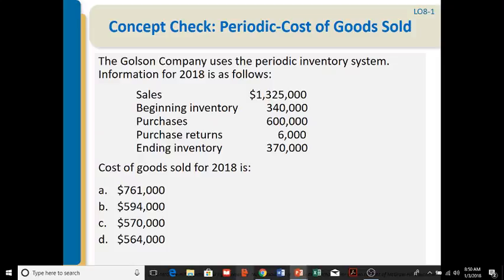So cost of goods sold is 564. So that's D.